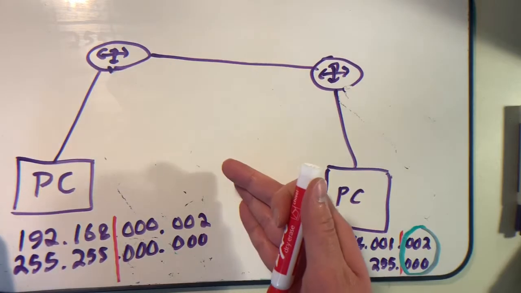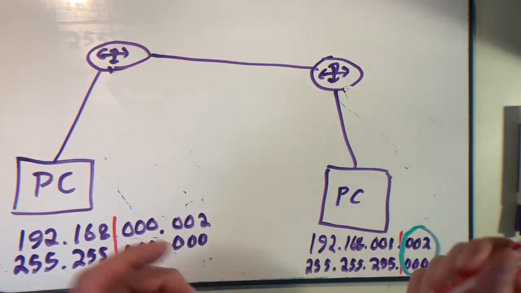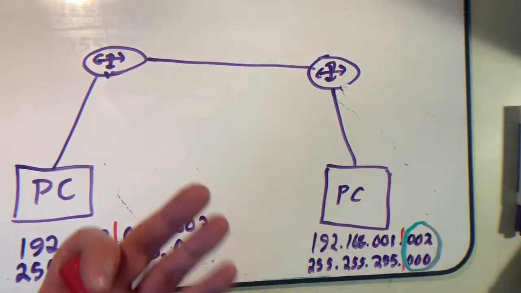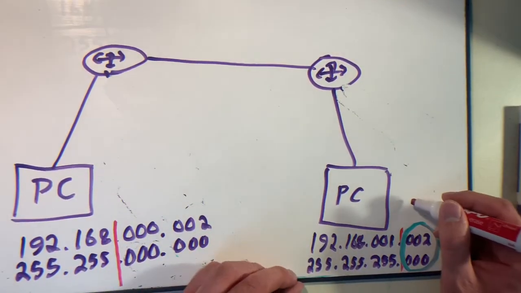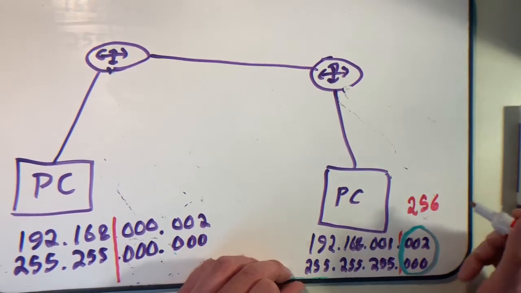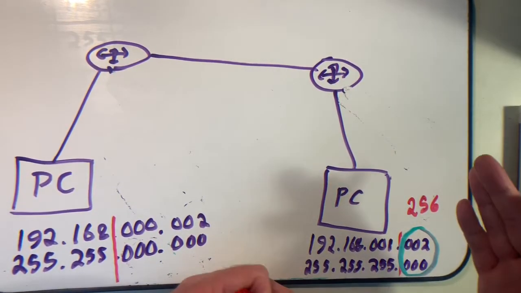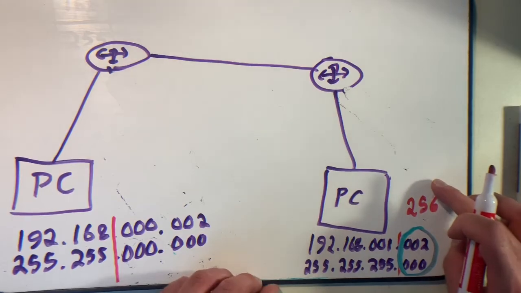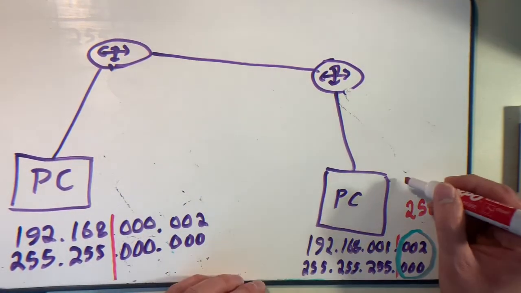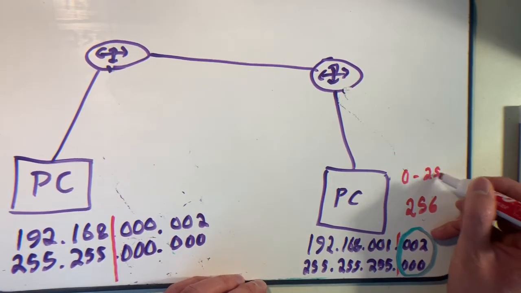But now we've changed it up a bit. Now instead of having a maximum of 255, or rather 256 minus 2 possible addresses like this, let's just say it's 256, because that's the maximum range of a binary number, 256 unique values. Generally it goes from 0 to 255.